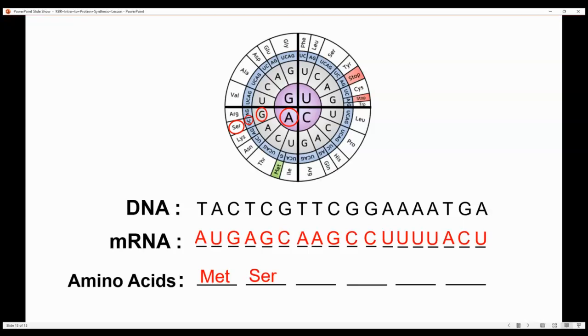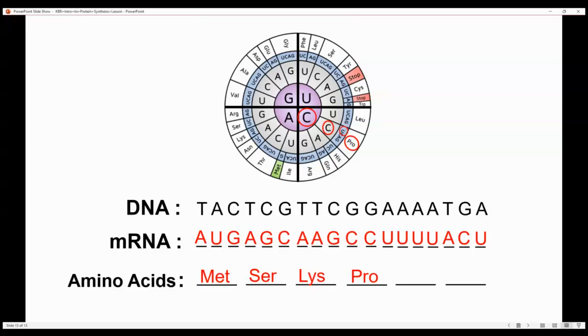Now let's find AAG. There's A, there's the other A, and there's the G. The amino acid, lysine. Now for CCU. There's the C, there's the other C, there's the U. Proline is the amino acid.